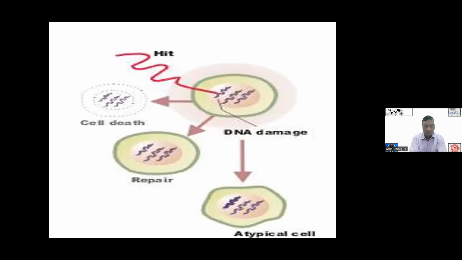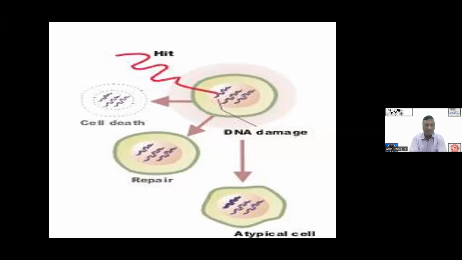It is a lethal dose. The second possibility is that minor damage takes place, but in due course the cell gets repaired and functions again as a normal cell. And the third possibility is that there is damage in the DNA and the cell survives but as a mutated, atypical cell.